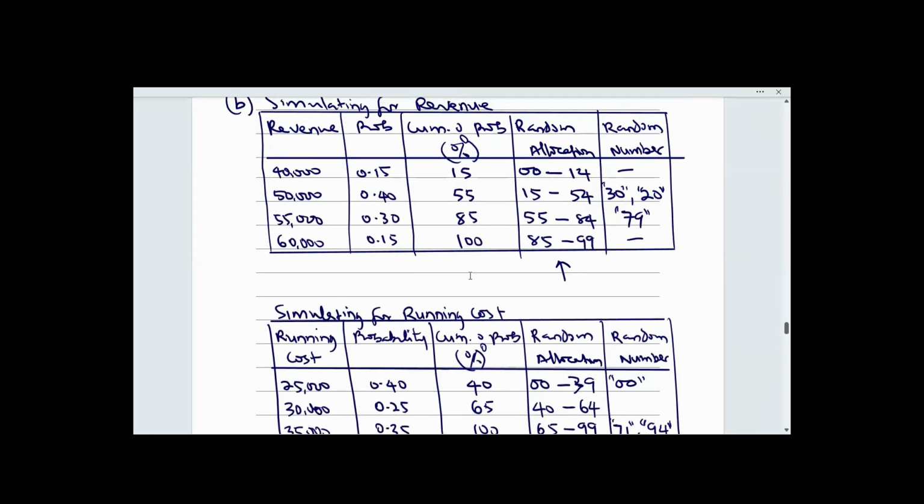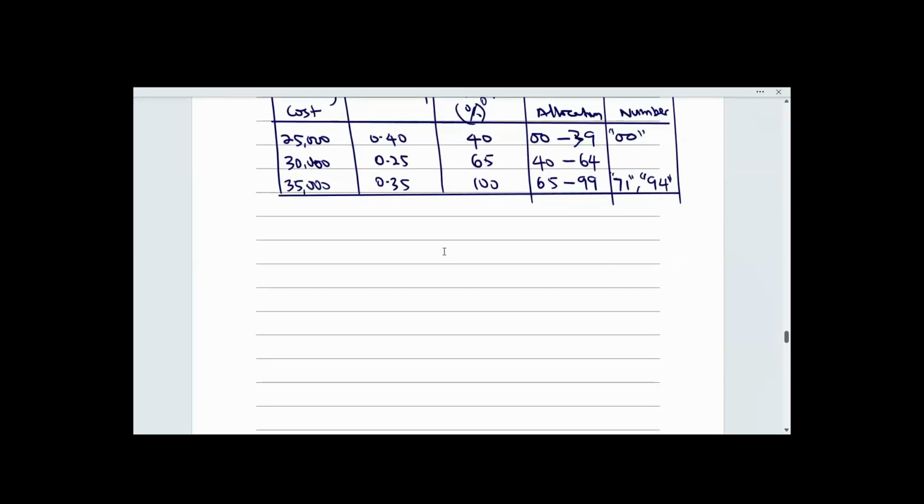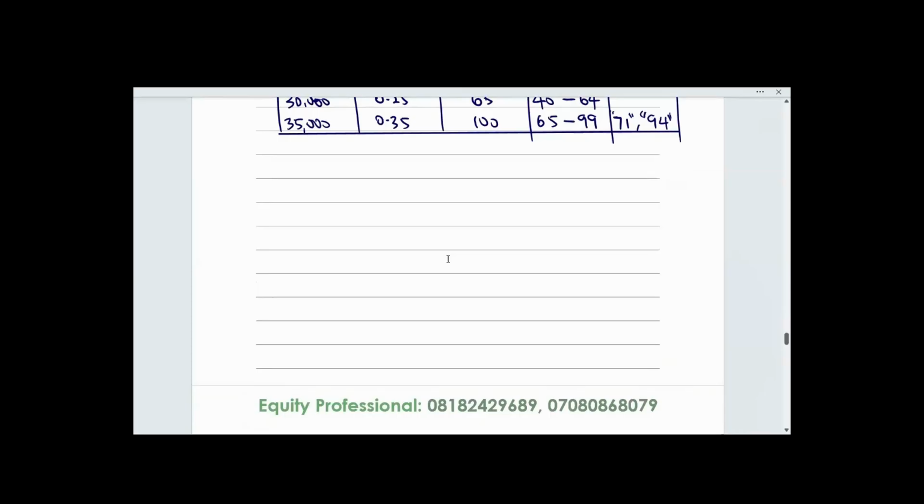The second step is to now use the simulated results to compute NPV. To do this, you are supposed to pair revenue with running costs for each set. We are given 3 different sets in the question. That means we are going to calculate 3 different NPVs.